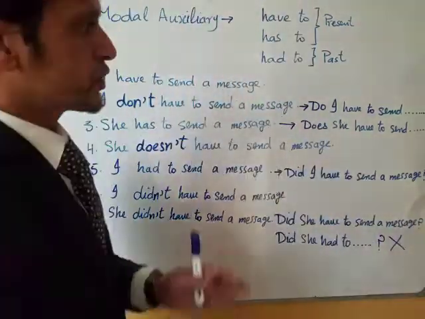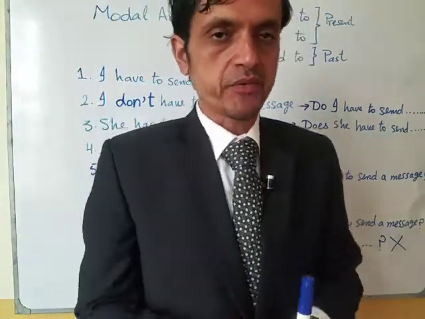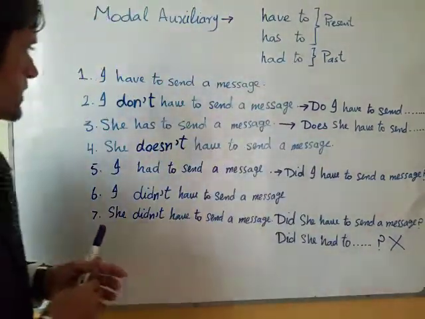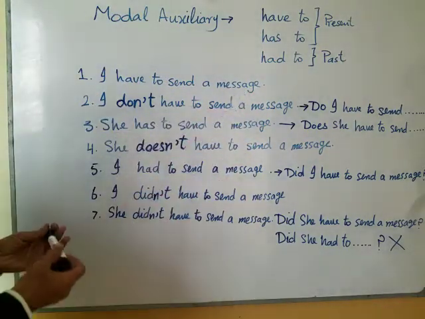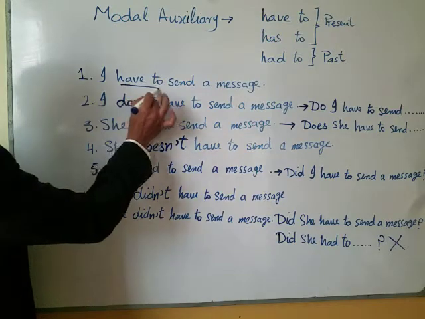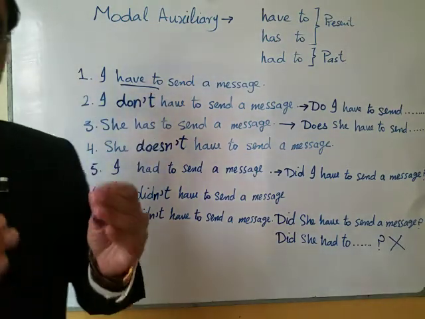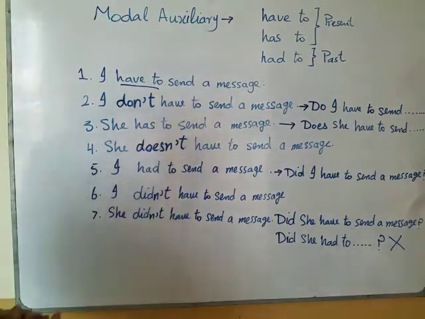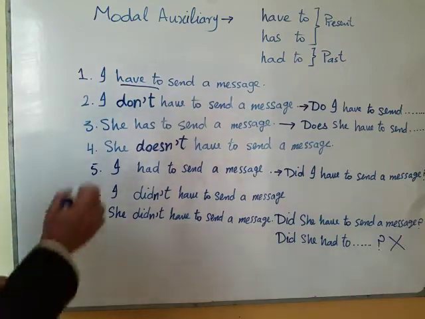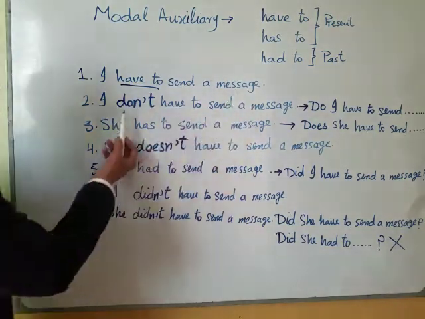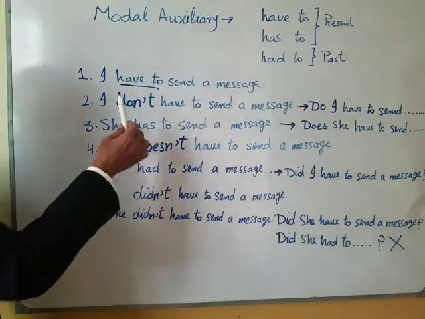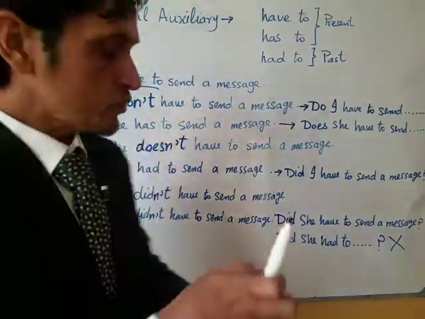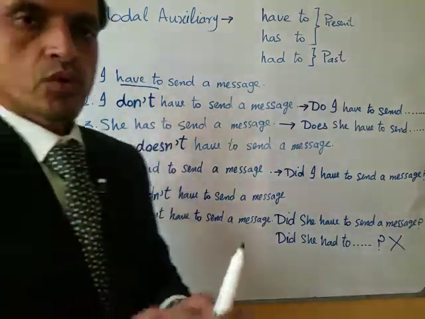Now how to use the negative or interrogative of these modal auxiliaries. Look at this sentence. I have to send a message. Have to is a modal auxiliary which shows the sense of responsibility or duty, or that you must do this work. When we want to make a negative, we will bring another auxiliary, that is do not.